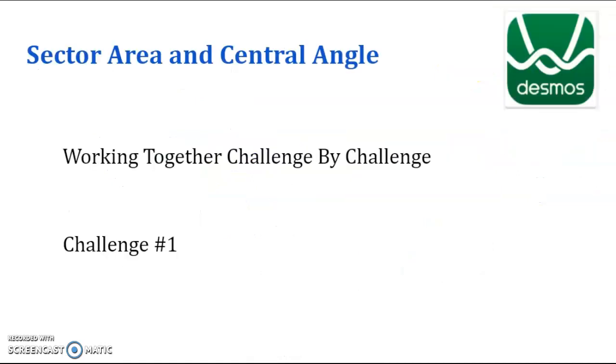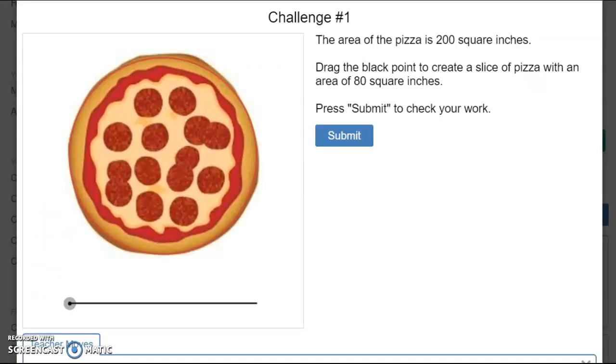Now we're going to be working on the Desmos activity. We're going to do it card by card together as a class. Here we go. The area of a pizza is 200 square inches. So the total area is 200 square inches.